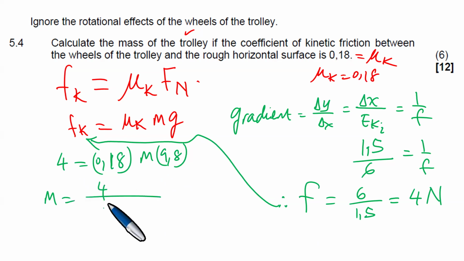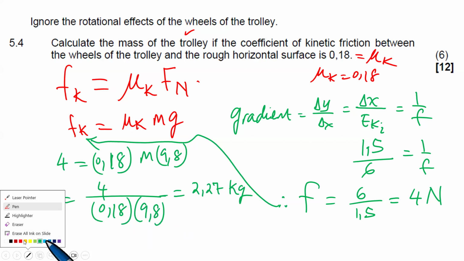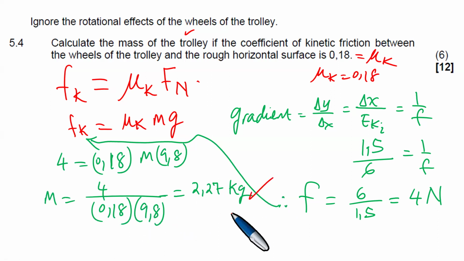So it is 4 divided by 0.18 times 9.8. If you divide these, you get 2.27 kilograms. And this is actually the required mass of the trolley.